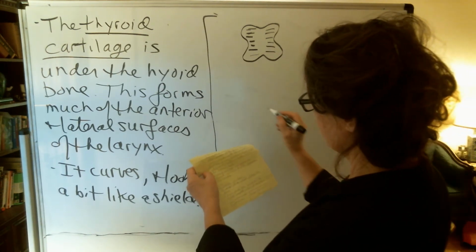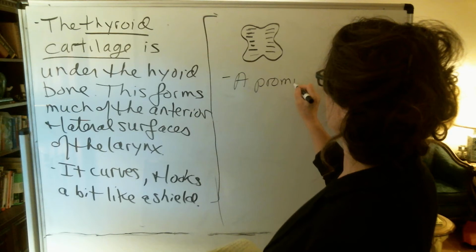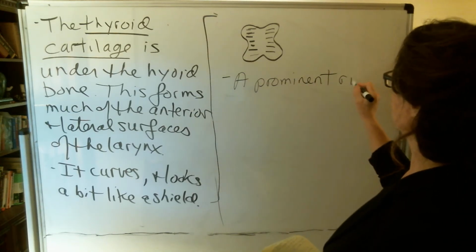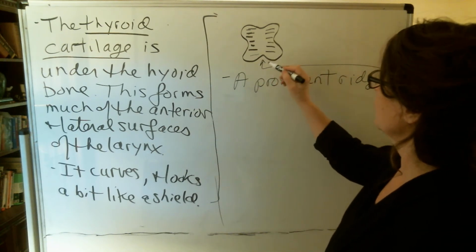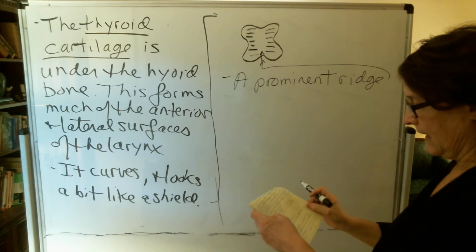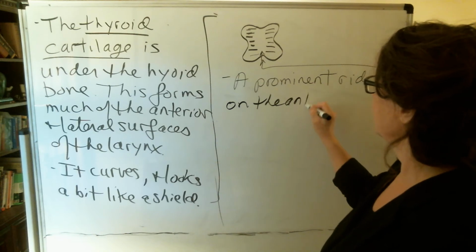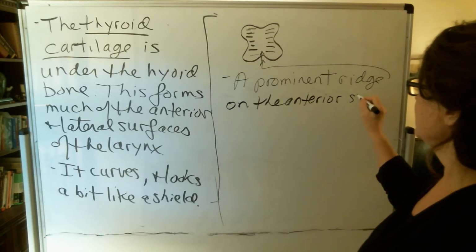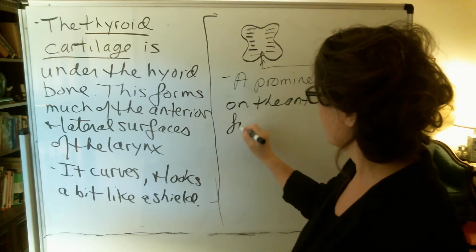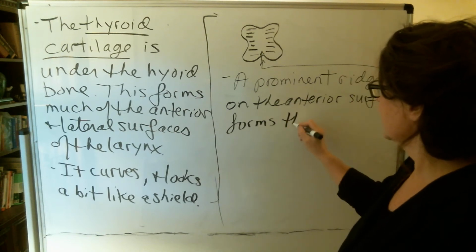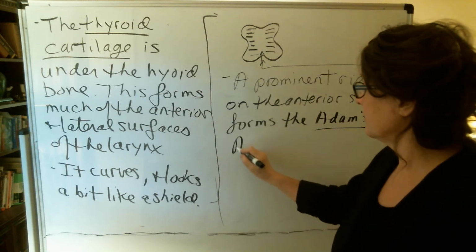So basically, there is a prominent ridge, which I've just tried to draw there. So there's a prominent ridge then on the anterior surface of the thyroid cartilage that forms the Adam's apple.